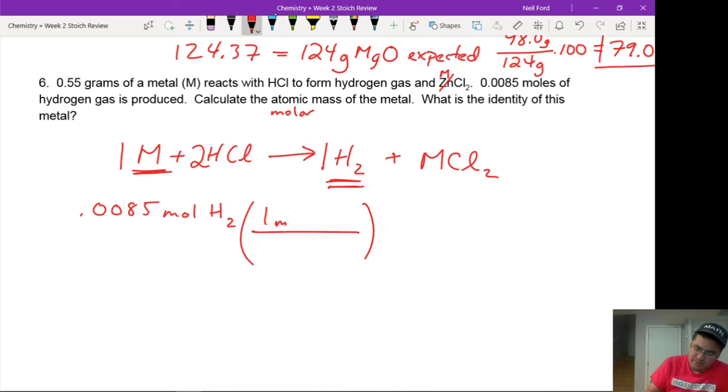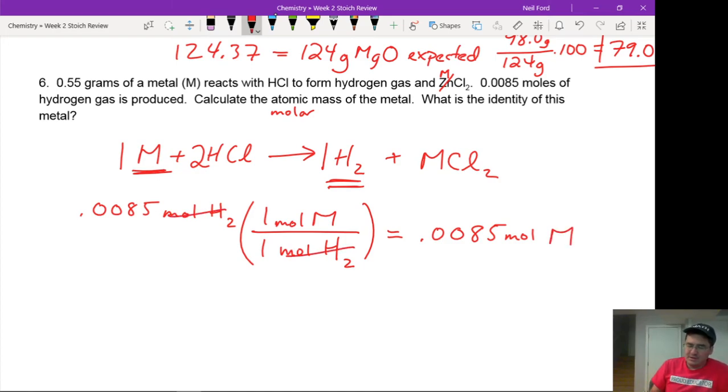So 1 mole of metal produces 1 mole of hydrogen, which again, you don't need to multiply by 1, so you end up just getting 0.0085 moles, but we're now in moles of metal. So here's the key thing. You know the mass of the metal, and you know how many moles it was. So to get molar mass, you're going to do grams divided by moles.